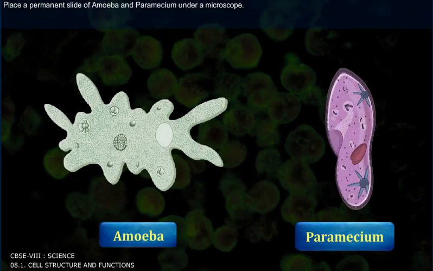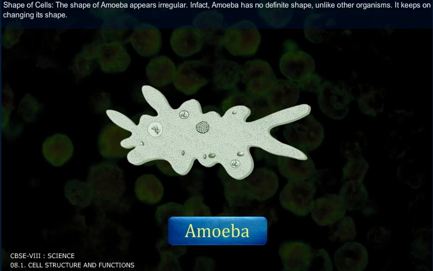Place a permanent slide of amoeba and paramecium under a microscope. Shape of cells. The shape of amoeba appears irregular. In fact, amoeba has no definite shape, unlike other organisms.